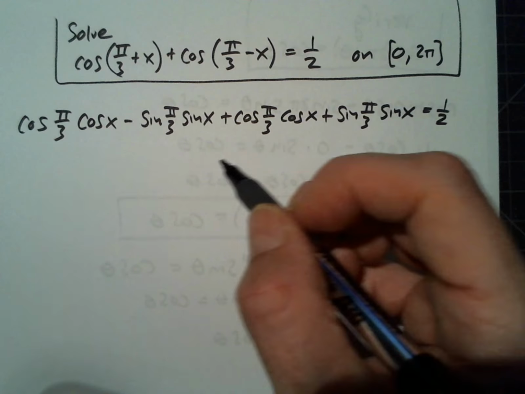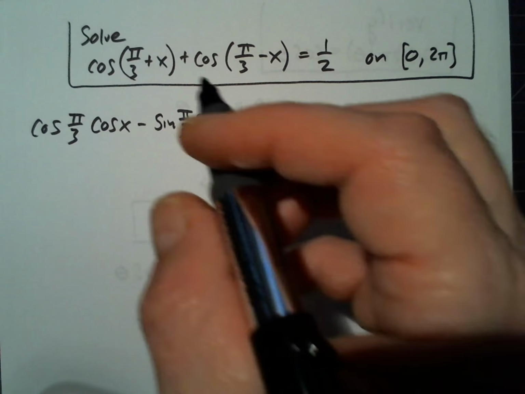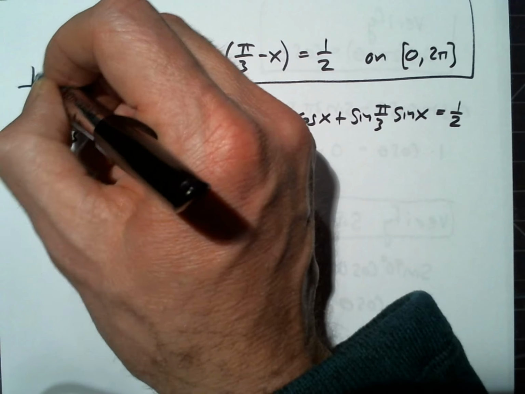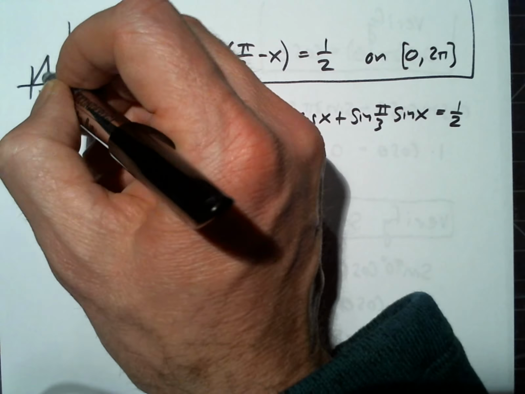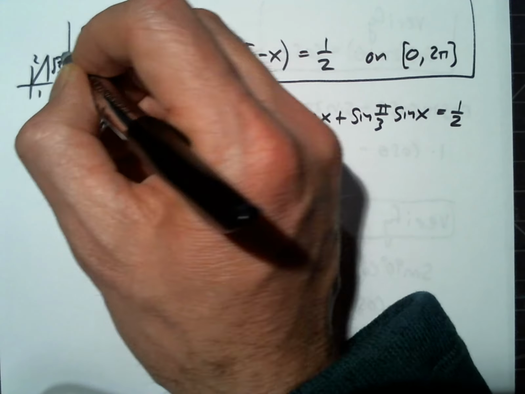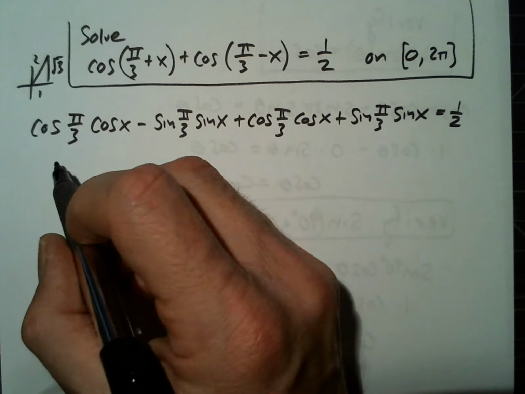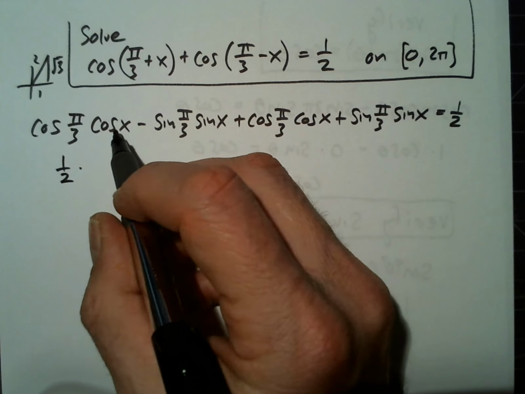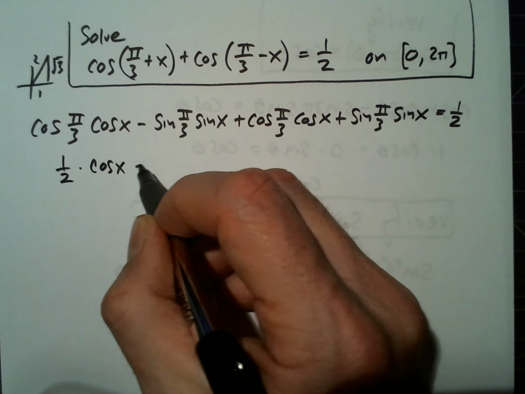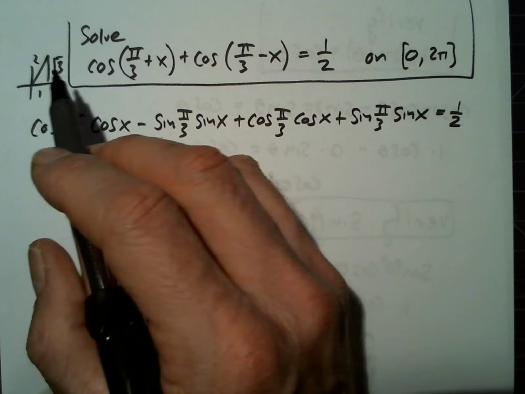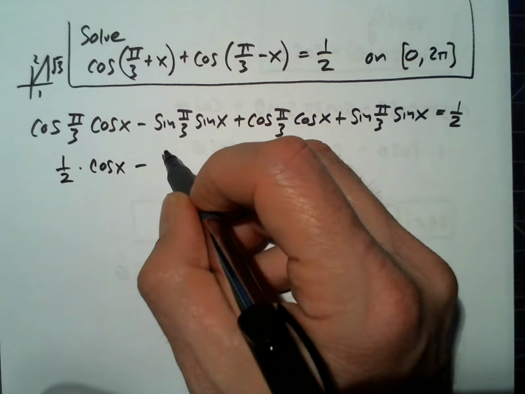And here we have pi over 3, which is going to be a 1, 2, radical 3 triangle. So cosine is going to be 1 over 2. Sine of pi over 3 is radical 3 over 2.